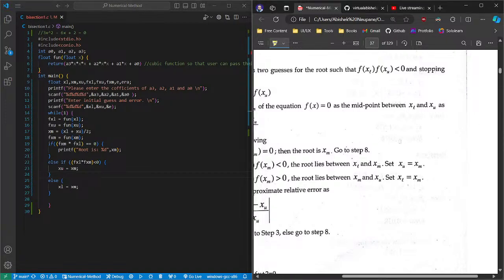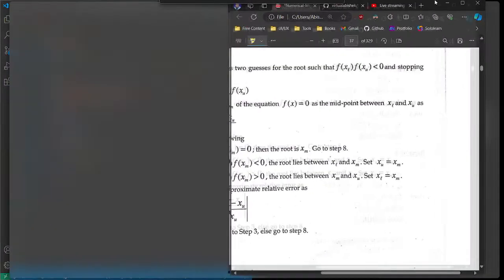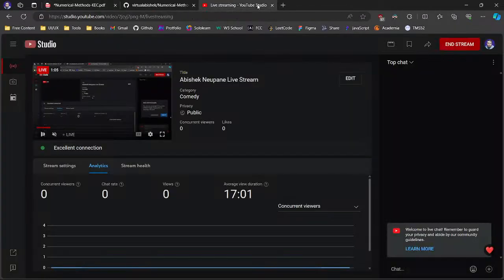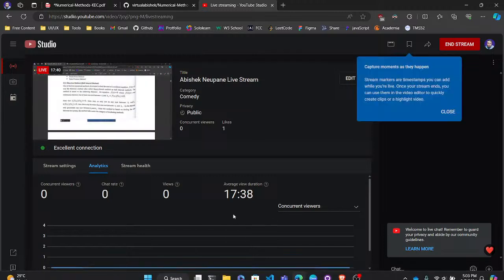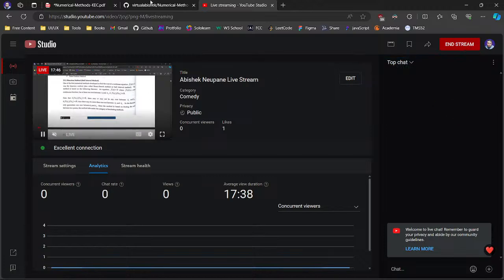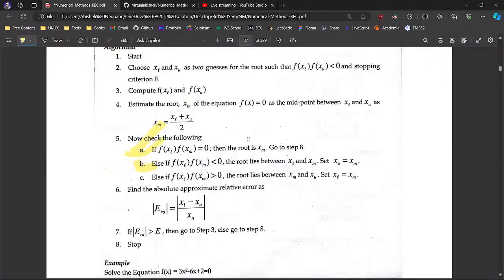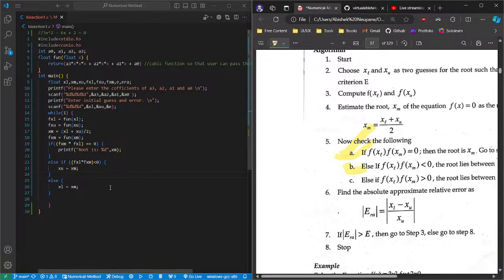Let's calculate the absolute relative error. Okay, let's see what's happening here. I don't know why this is not showing here. No problem. So I completed this.